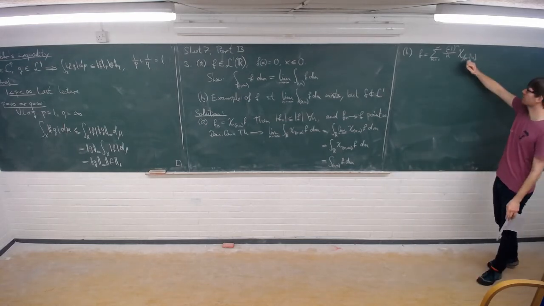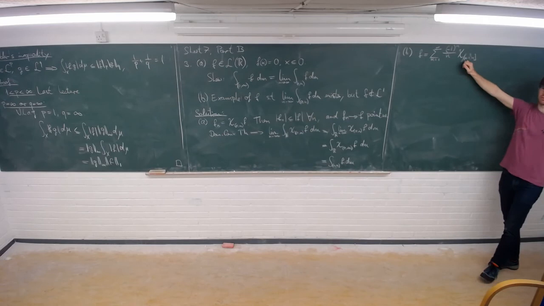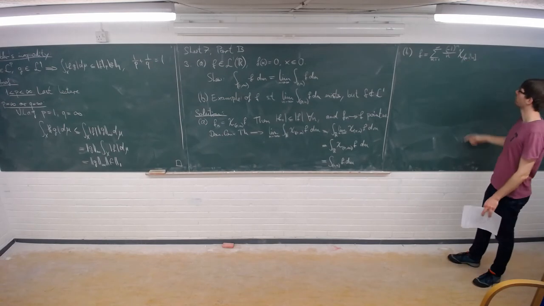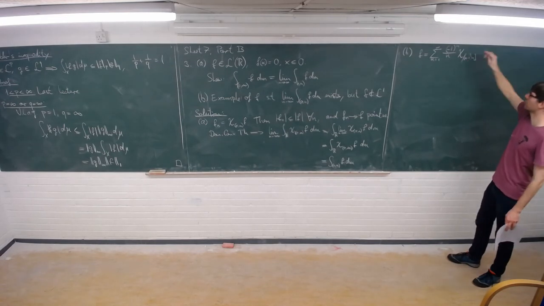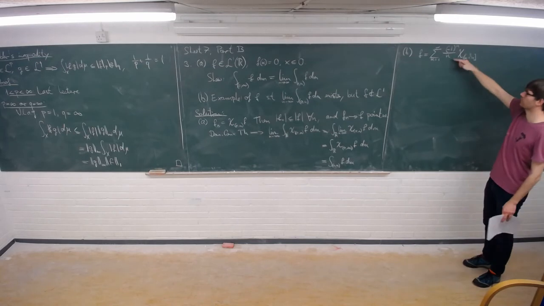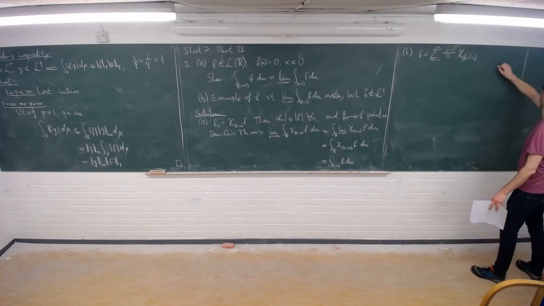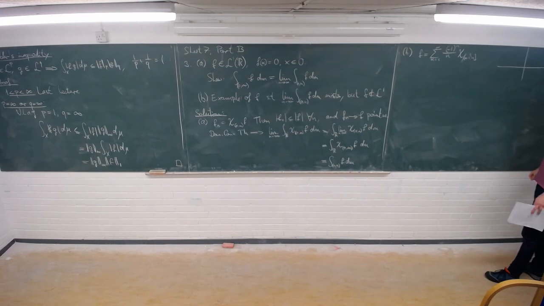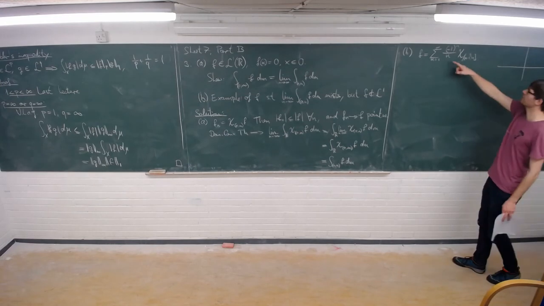So you take the characteristic function of an interval of length 1, which starts at n minus 1, and then on that interval you make it equal to minus 1 to the power n divided by n. So the graph of this function would look something like this.